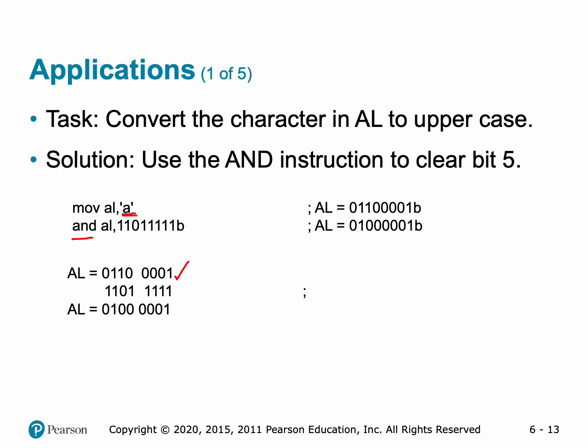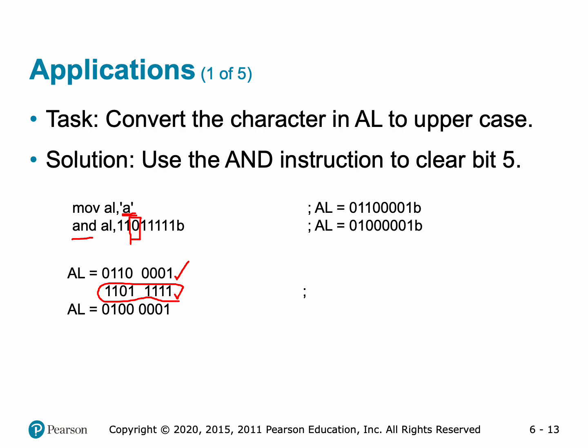And I broke it out into 4 bits, so it's just easier to read. To switch that bit in position 5, you're just going to have all 1s, and in position 5 you're going to have a 0. What that's going to do is switch the bit for us. So we're going to AND with this operand right here.